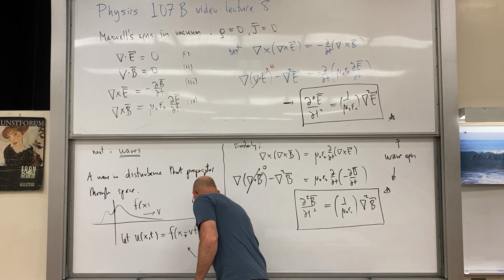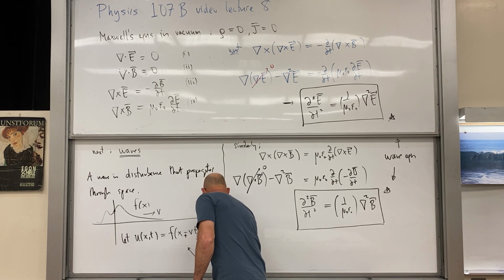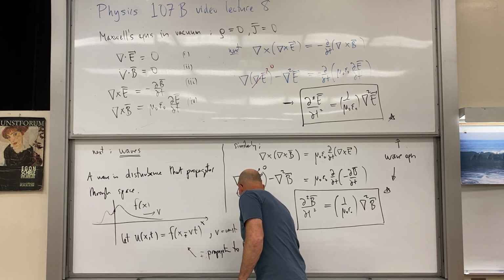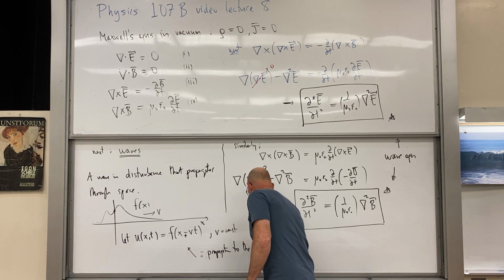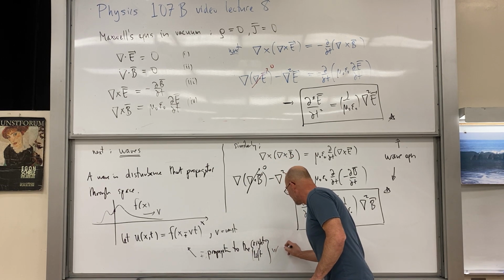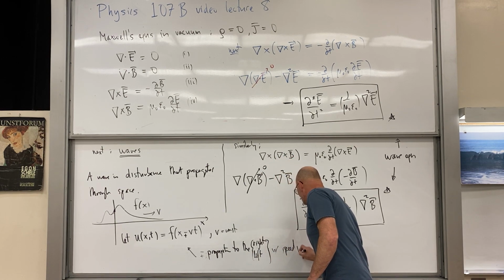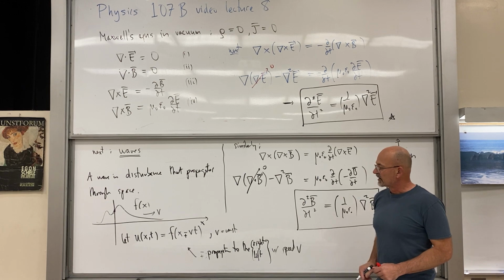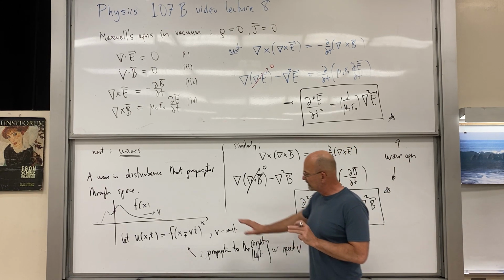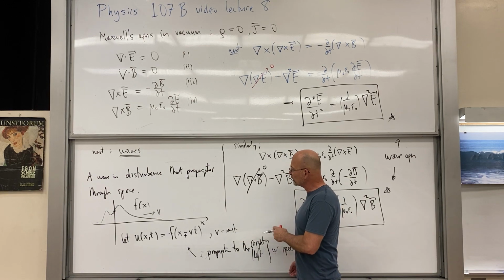So minus, plus, that's propagation to the right or left with speed v. Good. So that's the simplest description of a disturbance moving to the right or left.